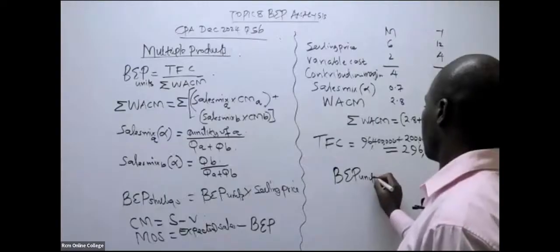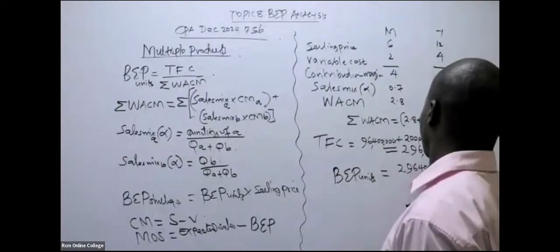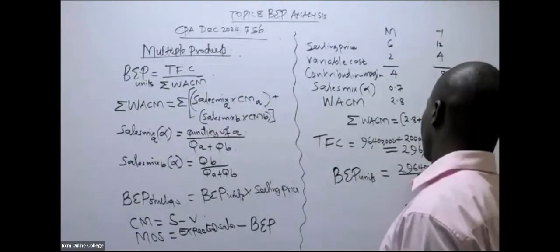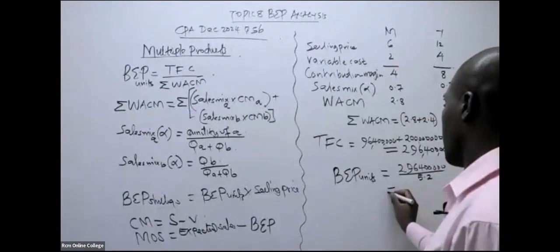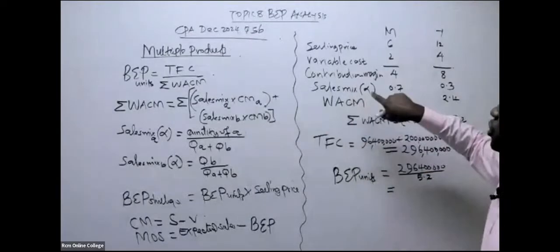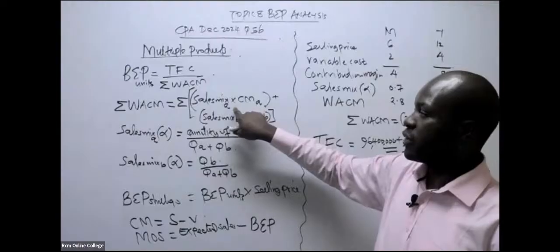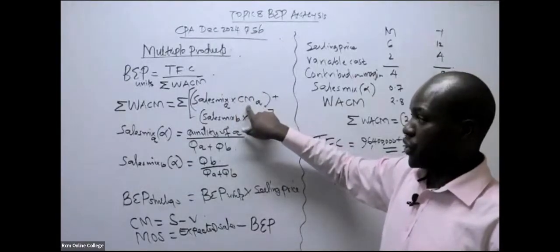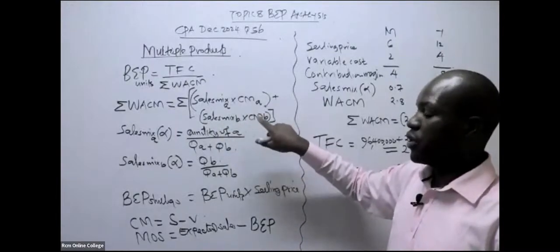So having done that, are we able to get now our break-even point in units? Break-even point in units will be total fixed cost divided by weighted average contribution margin. Weighted average contribution margin is sales mix ratio of the first product multiplied by its contribution margin plus sales mix ratio of the second product multiplied by its contribution margin.